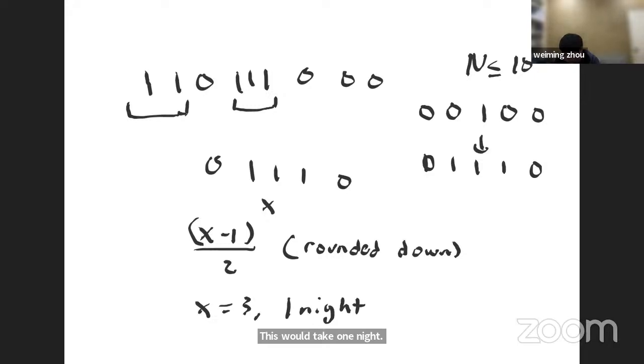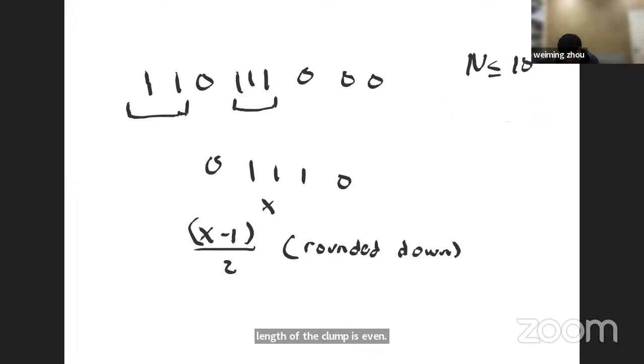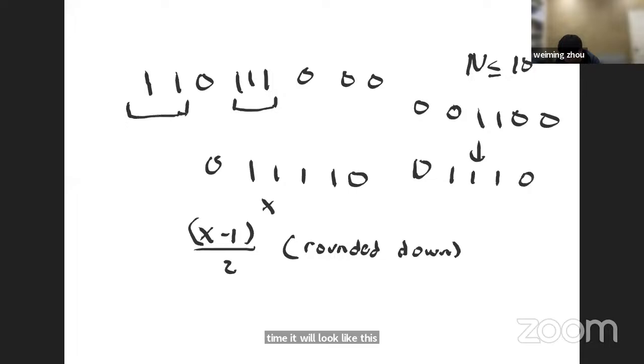But then if we consider the case where x is even, or the length of the clump is even, then let's say it looks like this. Then the initial configuration has to have 2 sick cows at the very center. Otherwise, the sick cows would spread unevenly. So over time, it will look like this.